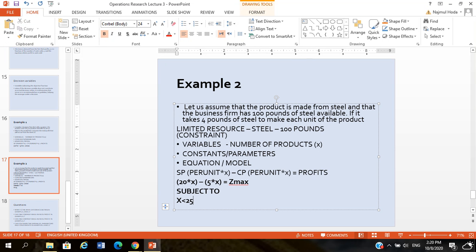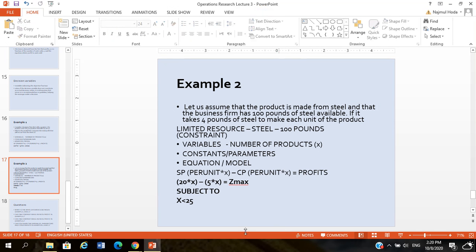Number of products, how many can they produce? One product needs 4 pounds and the company only has 100 pounds. So, the company can only produce 25 items, not more than that. So, that is a constraint. x can be only equal to or less than 25.